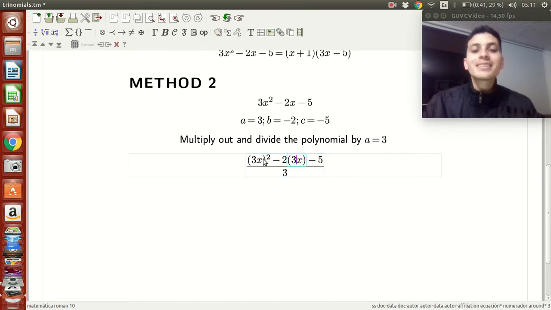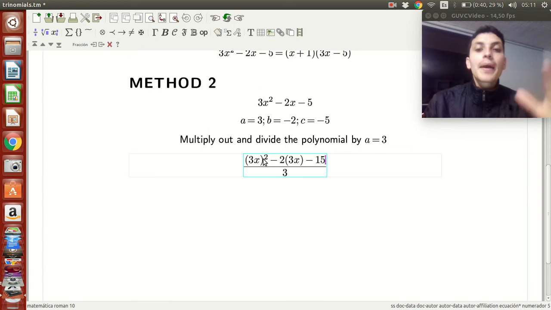We could write it as 6x, but we're going to write it as 2 times 3x, and 3 times 5 is 15. So now we multiply and divide the polynomial by a equals 3.